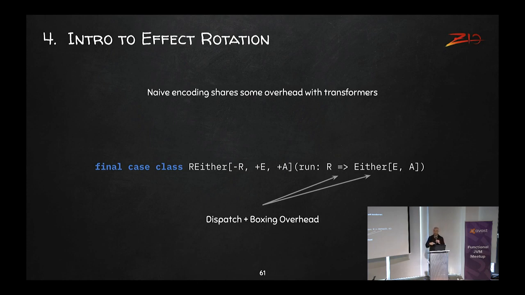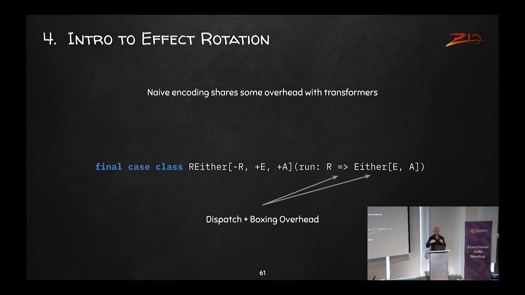It's not failing. In that case, every operation we do, every flatMap on this data type will involve constructing a lambda that ignores its R parameter, and then takes its success value and wraps it in the right-hand side of an Either. That's overhead, and that can be measured in performance benchmarks.